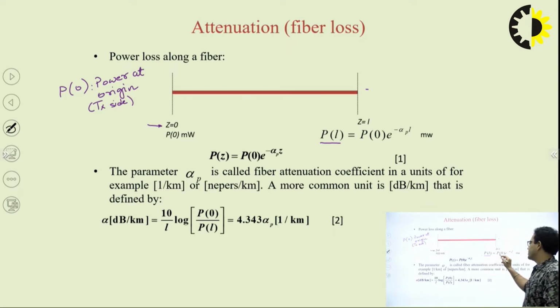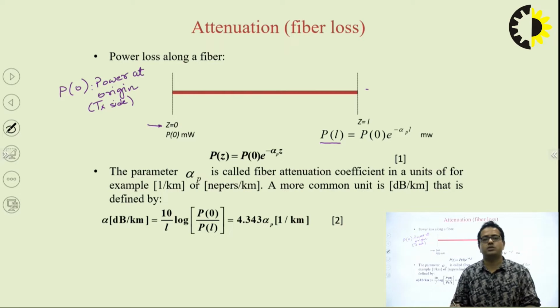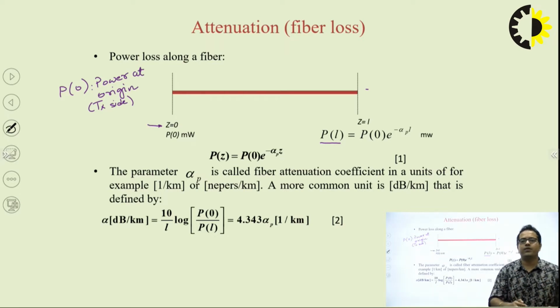So PZ equals P0, the maximum power that was launched at the origin, and this power is going to decay. With various experiments and deep research, the researchers concluded that the power traveling through an optical fiber is going to decay exponentially at some distance apart from the transmitter. So that is going to decay exponentially.